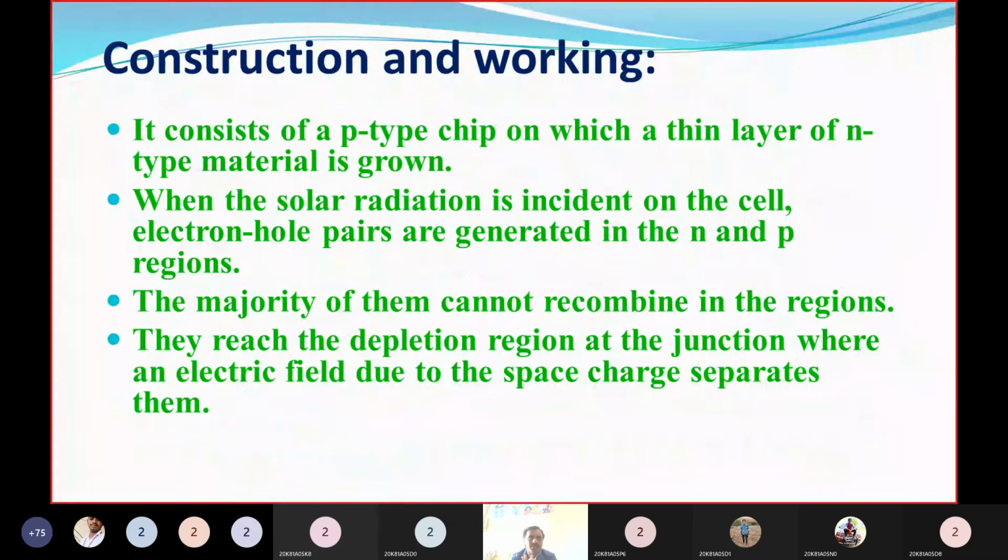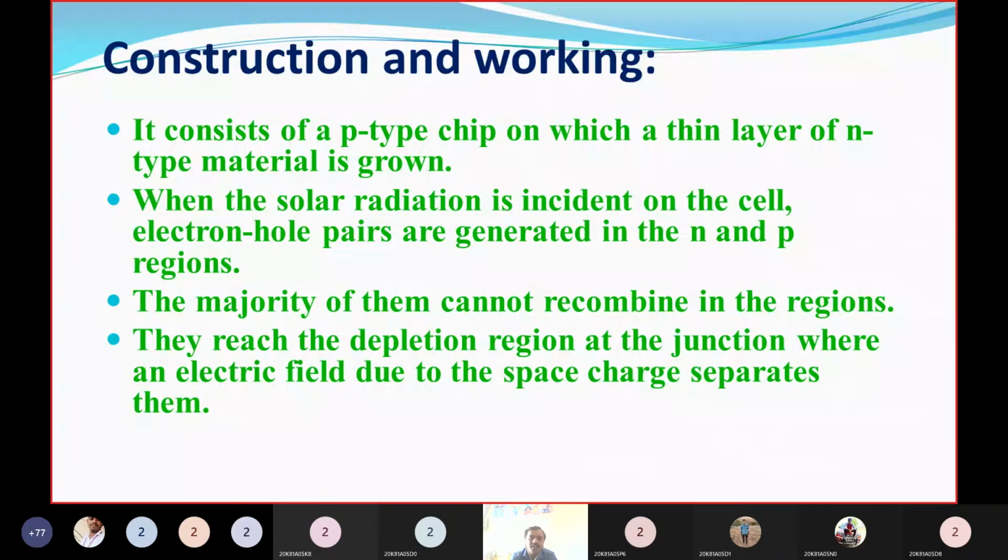Now we are discussing the construction and working. First of all, the construction. It consists of a P-type chip. Initially we take a P-type material, and on that P-type material, a thin layer of N-type material is grown.